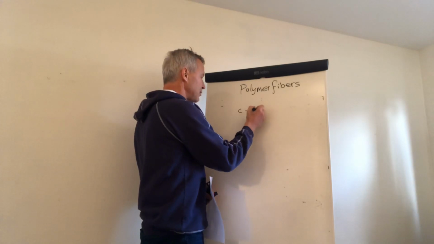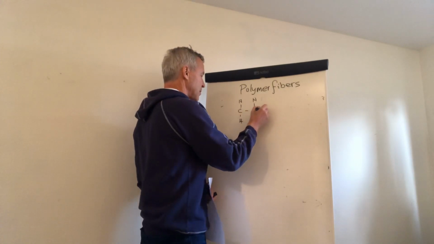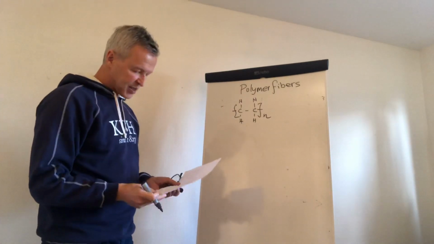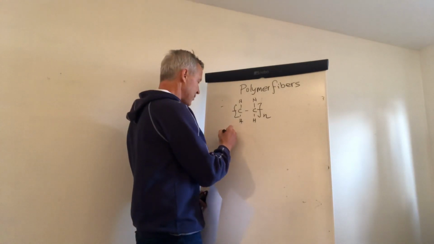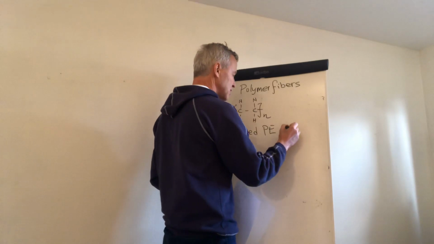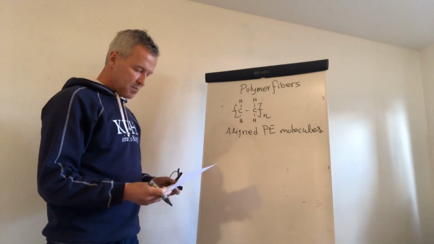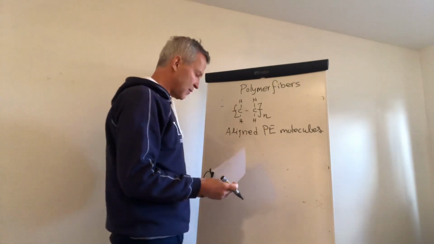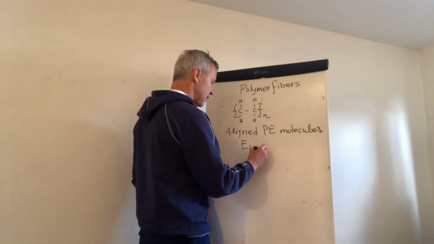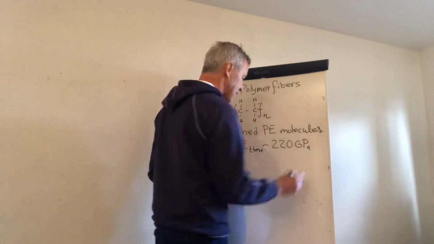Polyethylene has a very simple repeat unit. But if we stretch the molecule so that we have aligned PE molecules, similar to, well, can be done with other polymers as well, then the interesting thing is that the theoretical value for the modulus could be something like 220 gigapascal.